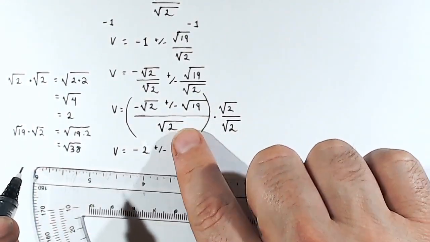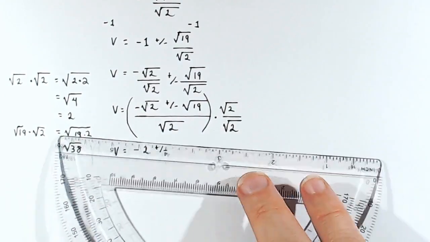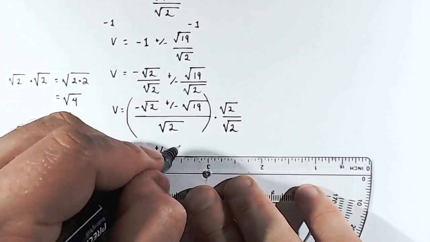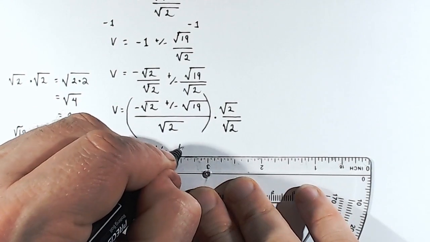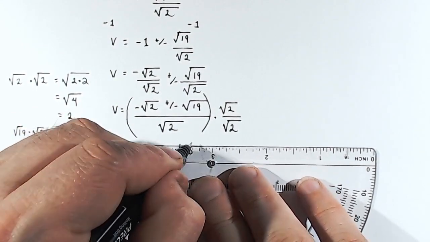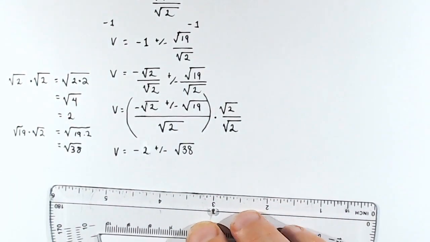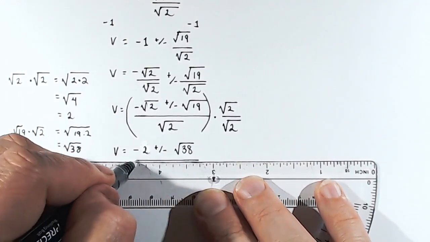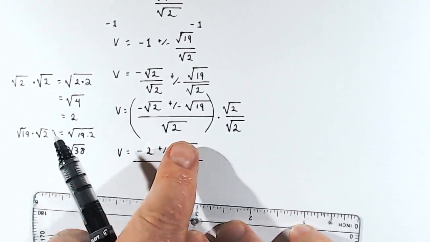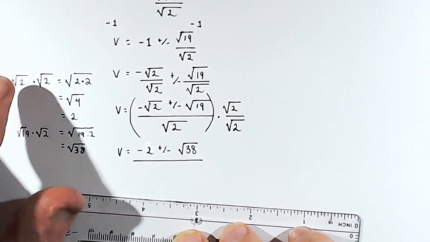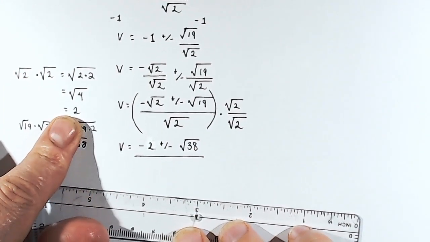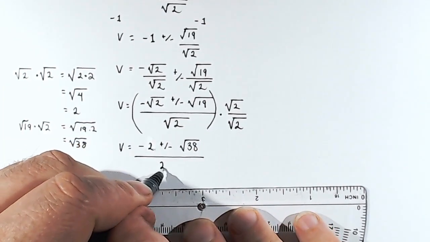So instead of writing plus or minus the square root of 19, I'll write plus or minus the square root of 38. Okay, all of that will be divided by, again, square root 2 times square root 2, which we already saw as 2. So then in the denominator here, I'll just write 2.